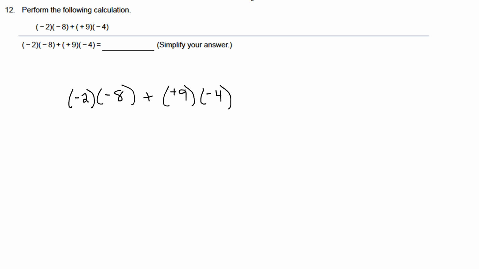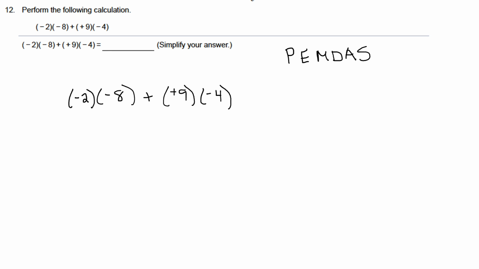To solve this problem, I need to follow the order of operations, which is PEMDAS, P-E-M-D-A-S. If you know this acronym, you'll be able to follow the order of operations.